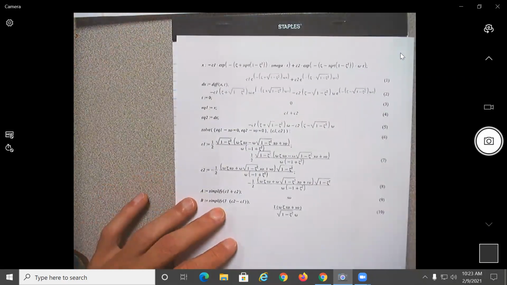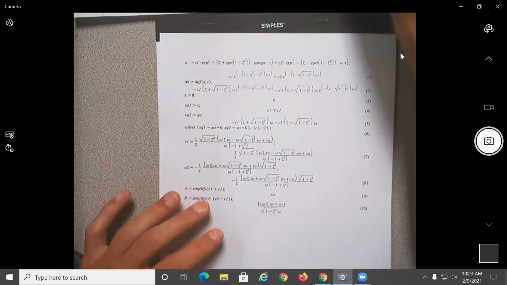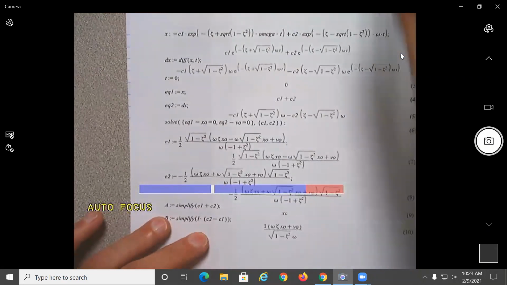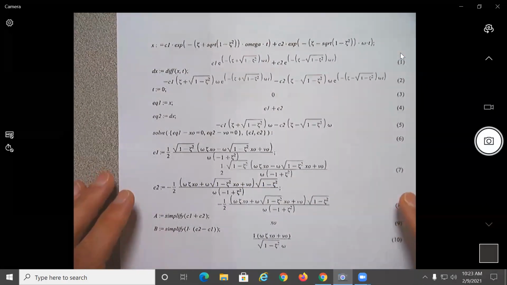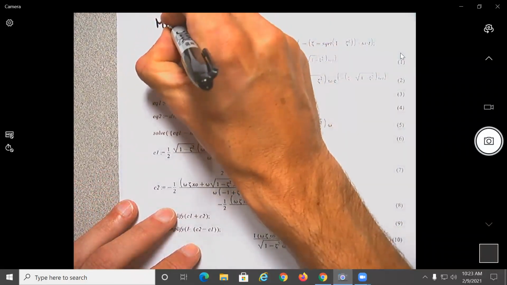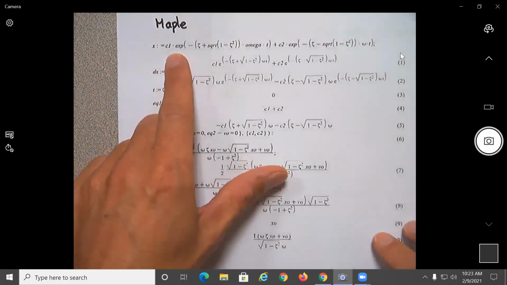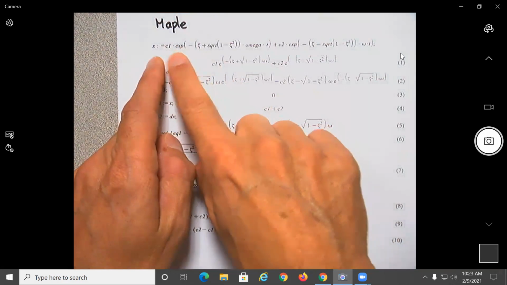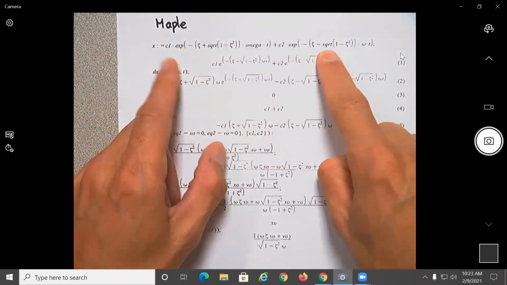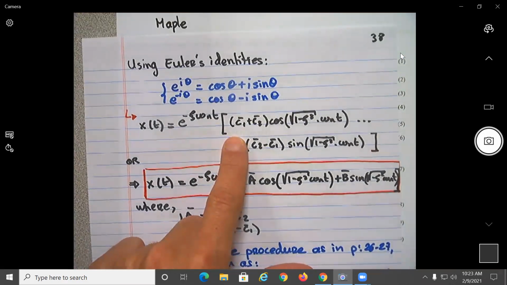I will provide this page for you in the class notes. Let me zoom in, but I don't want to rewrite all this stuff. To tell the truth, when I did it, I used Maple. In the Maple file, I just rewrote the equation, C1 exponential of plus, C2, under this form over here.